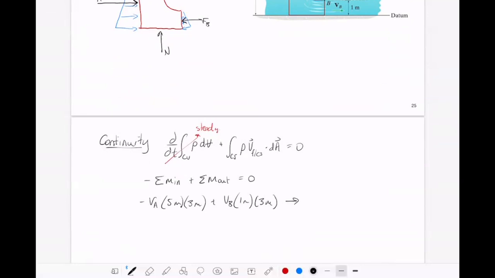So from this, we get an equation: VB is equal to 5 VA.